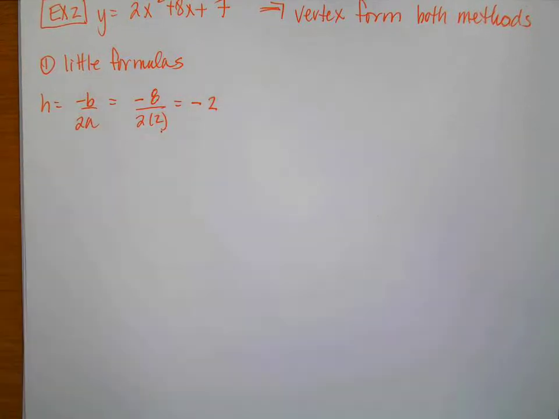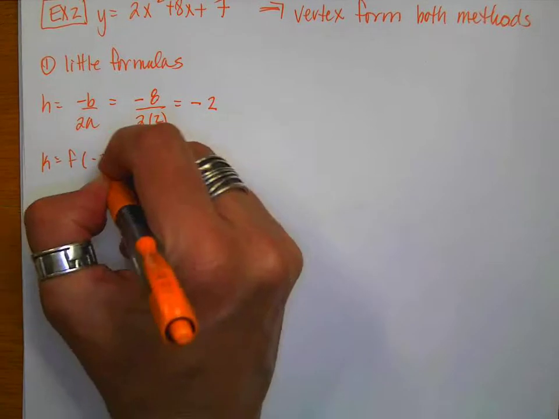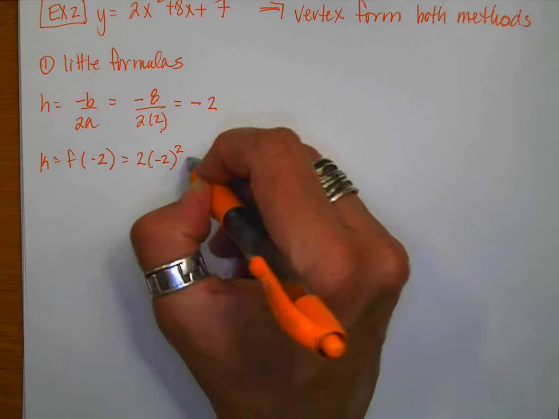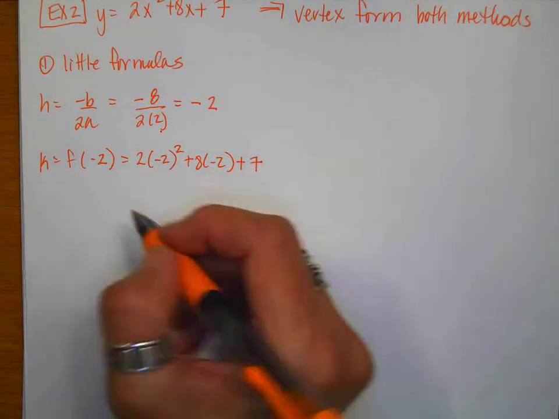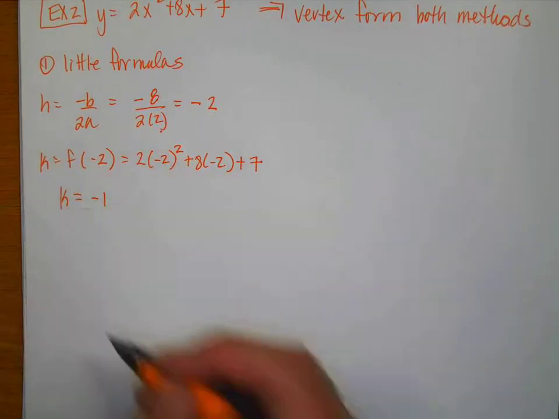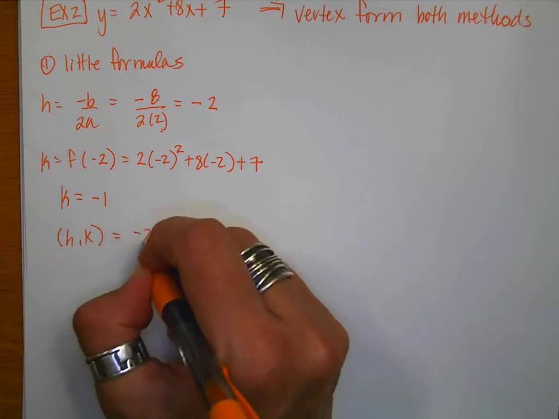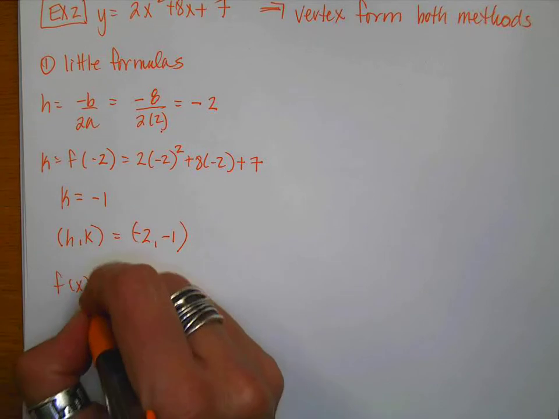Negative 8 divided by 4 is negative 2. Then k is f of negative 2. So that's going to be 2 times negative 2 squared, 8 times negative 2 plus 7. And I'm going to get that k is equal to negative 1. So that means my vertex is going to be negative 2, negative 1.